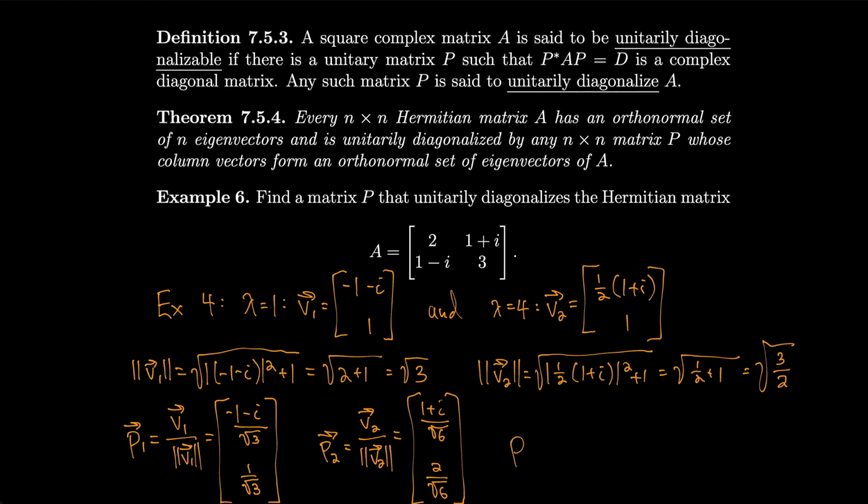Okay, so our matrix P is built out of P1 and P2. So it's just (minus 1 minus i) over rad 3, 1 over rad 3 for P1, and then (1 plus i) over rad 6, 2 over rad 6 for P2.